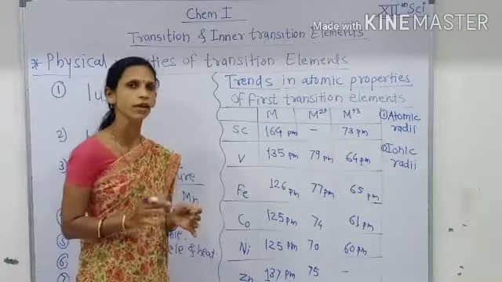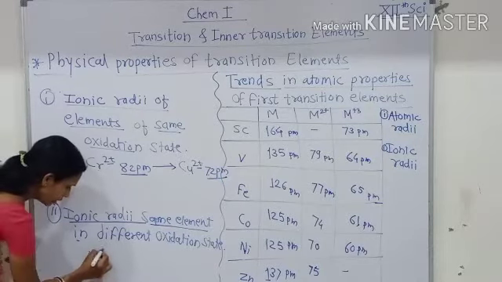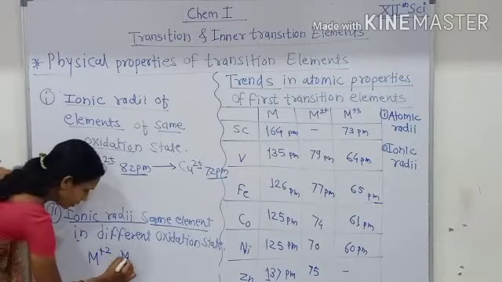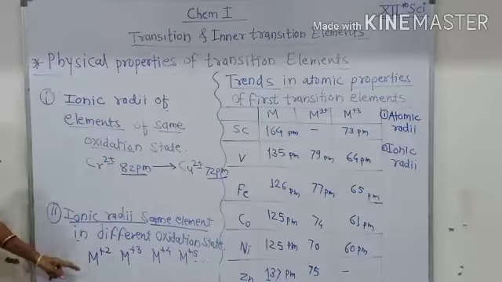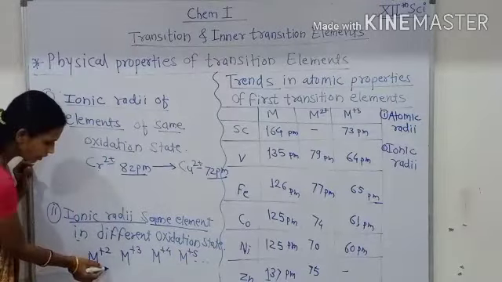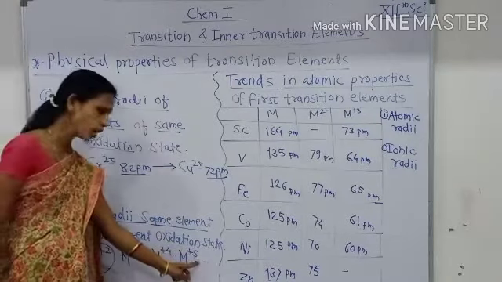One more concept is the ionic radii of the same element in different oxidation states. The same element can have M2+, M3+, M4+, M5+ and so on oxidation states. The ionic radii for the same element with +2, +3, +4, +5 oxidation states also decrease from lower oxidation state to higher oxidation state.